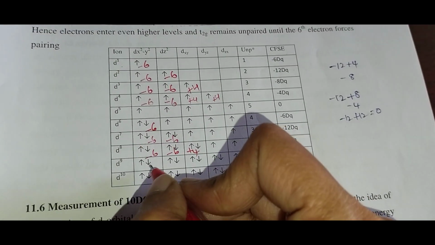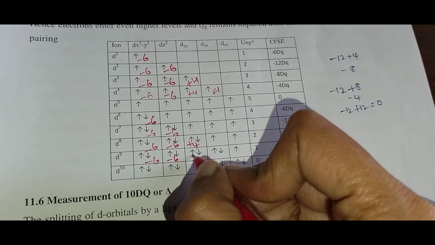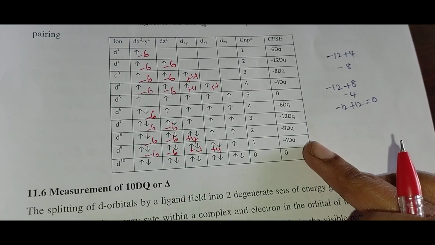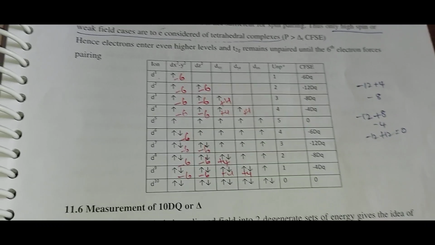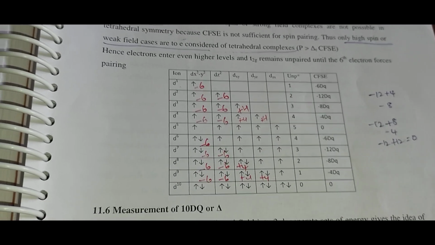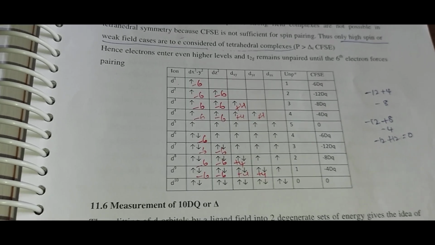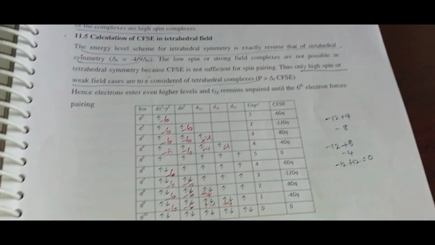Again here, so minus 6 plus 4, minus 4 dq. Again 0. So like this the splitting takes place in the tetrahedral complexes also. So we got an idea how to fill the electrons in both.